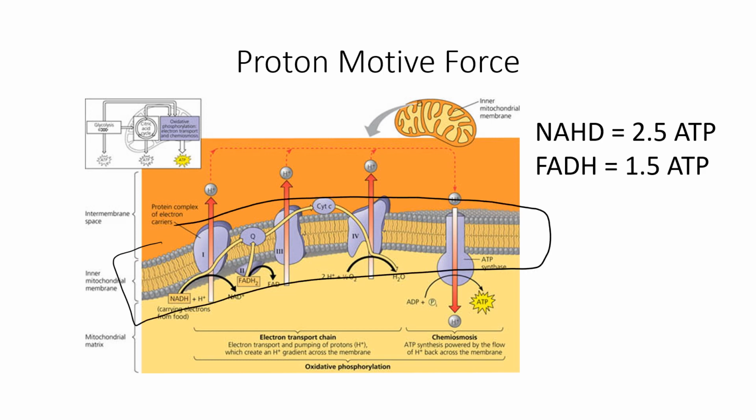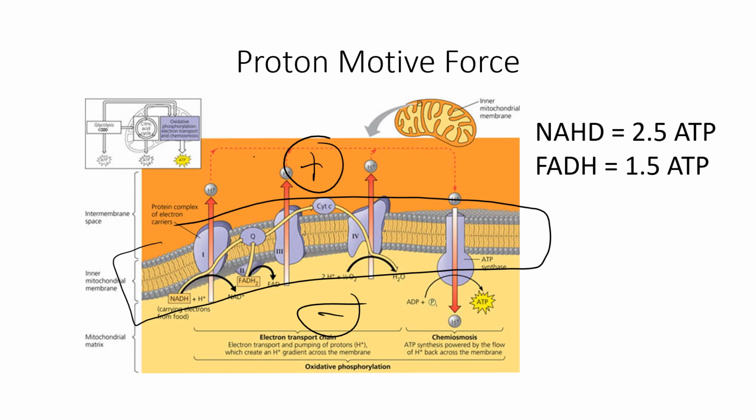Okay, so how is there a charge that exists across the inner membrane? Simple. The inner membrane space is positive due to all of the hydrogen ions that exist in the inner membrane space, and the matrix is negative due to there being less hydrogen ions in the matrix. All right, so the inner membrane space is positive. We talked about this.